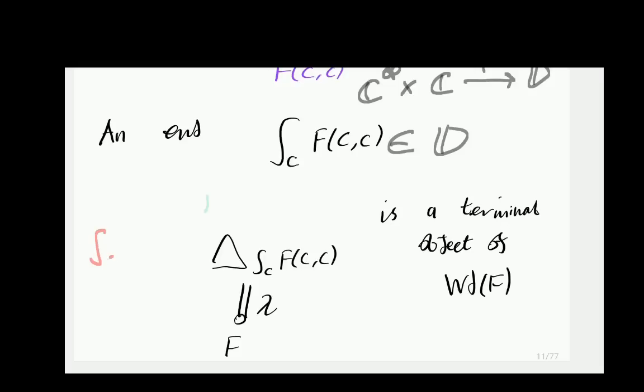Okay, so we write our end like this, with this integral sign. And then for any object C dash, we get this arrow, and that's going to be an arrow of D. So there we have it. This is a way we can think about ends.